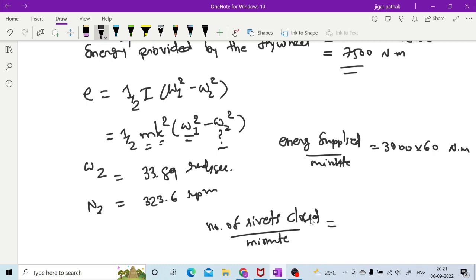The number of rivets closed per minute is given by the energy supplied per minute divided by the energy required for one riveting operation, which we have seen earlier is 12,000. That will give you how many rivets can be closed in 1 minute. That is 15.